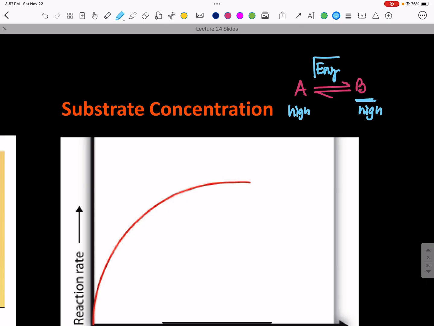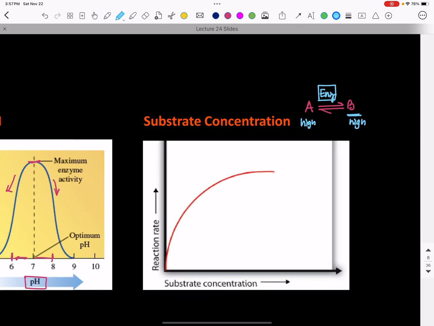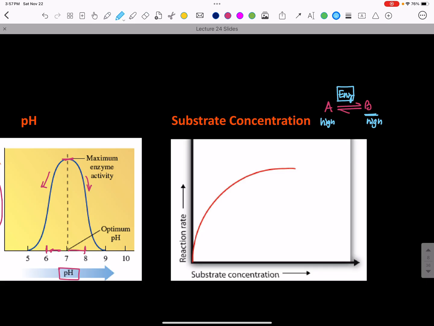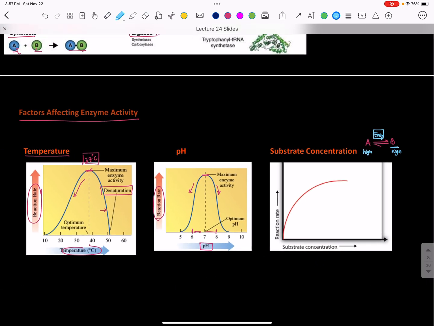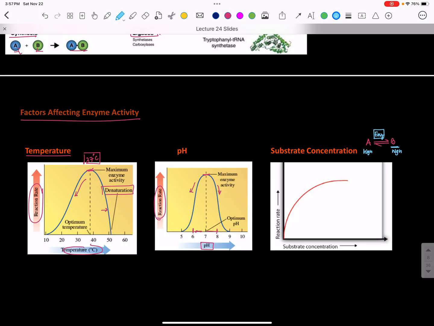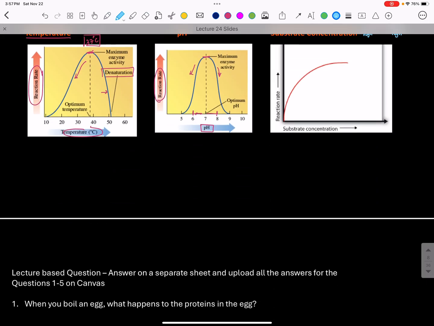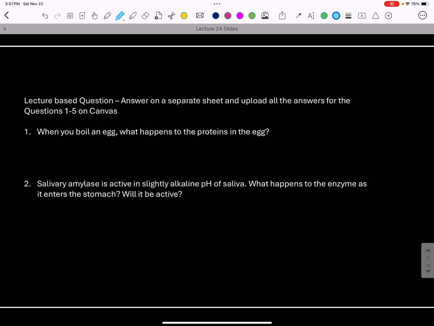So there is a crucial concentration around which the enzymes will be maximally active. So when working with enzymes or when understanding metabolic reactions, all of these parameters should be considered in order to estimate the enzyme activity under certain conditions.